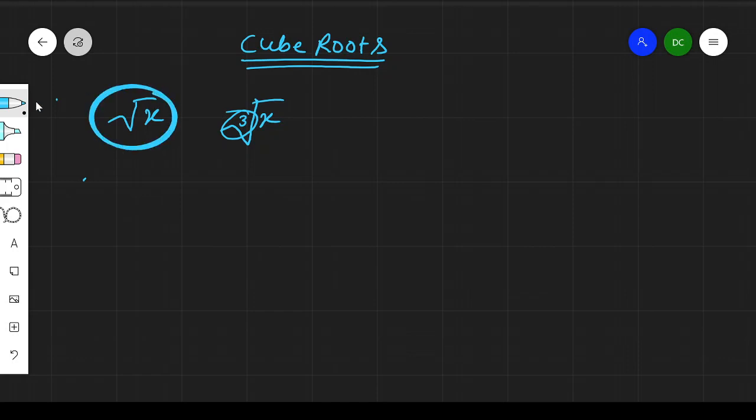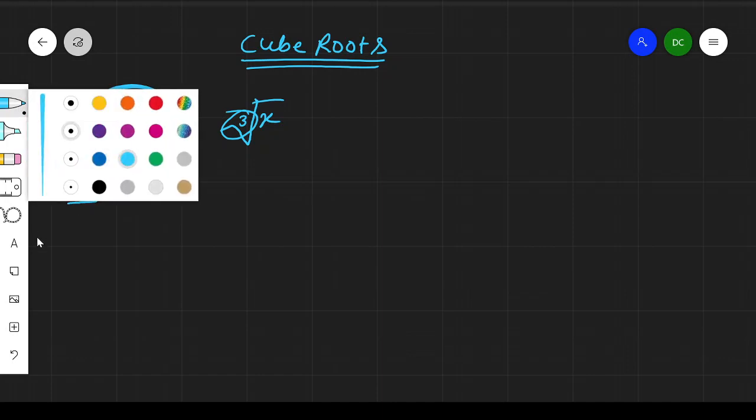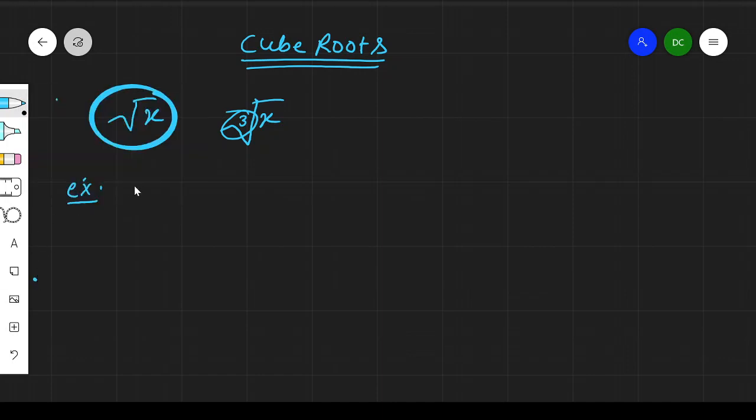Like if we have to find the cube root of 216, I am just taking one example. Find the cube root of 216. So, how will you find?